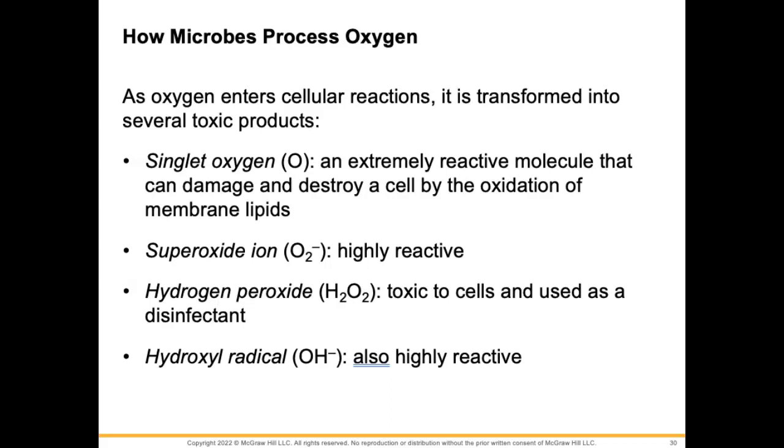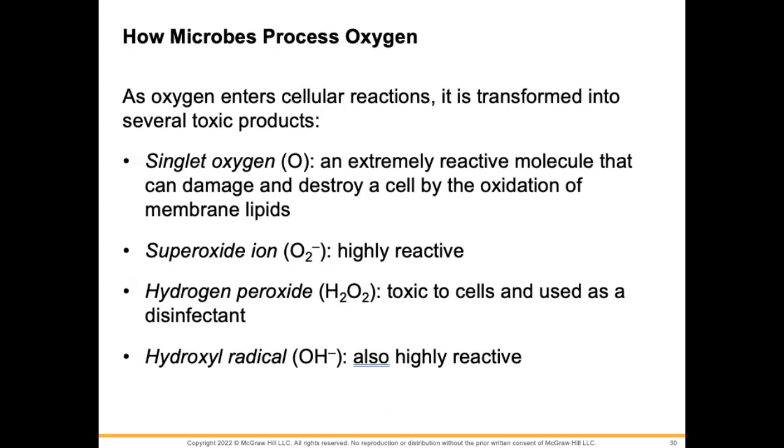So how microbes process oxygen. As oxygen enters cellular reactions, it is transformed into several toxic products. Singlet oxygen is a reactive molecule that can damage and destroy a cell by the oxidation of membrane lipids. Superoxide ion is a highly reactive byproduct.